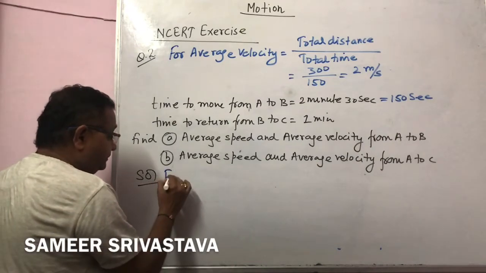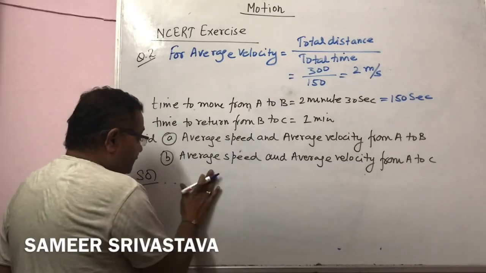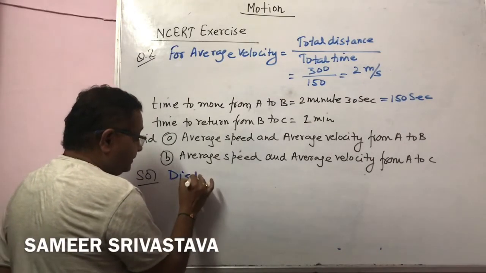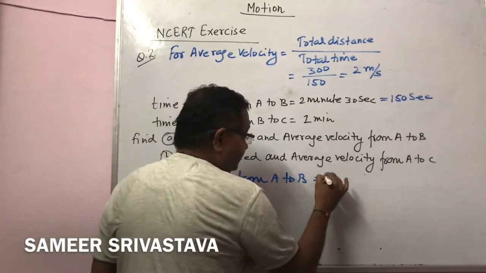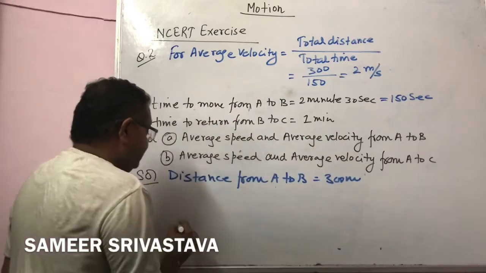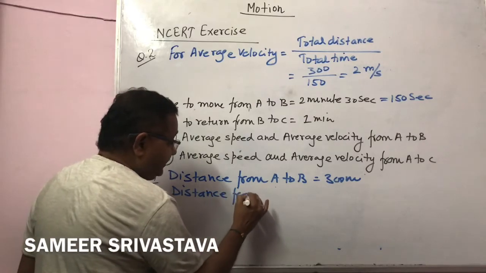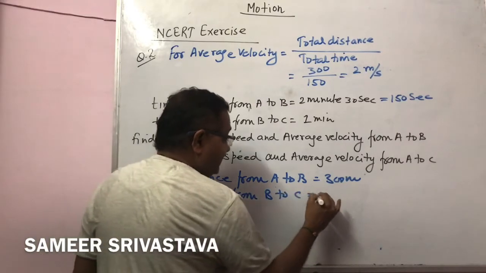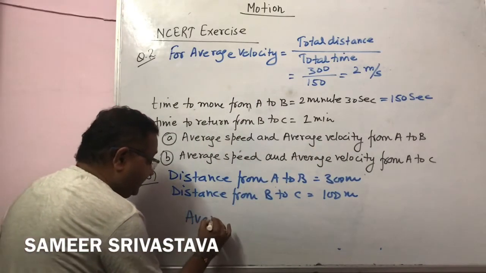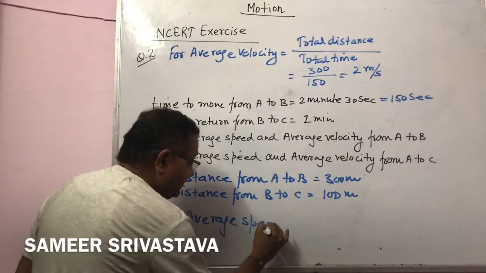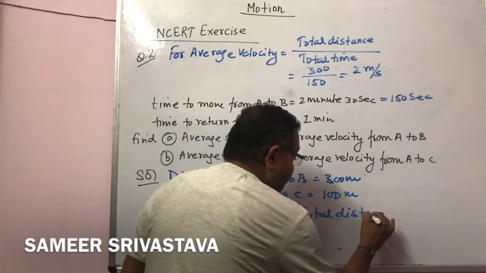So the distance from A to B is 300 meter, and the return distance from B to C is 100 meter. Okay, if we have to find the average speed, then average speed says total distance upon total time.